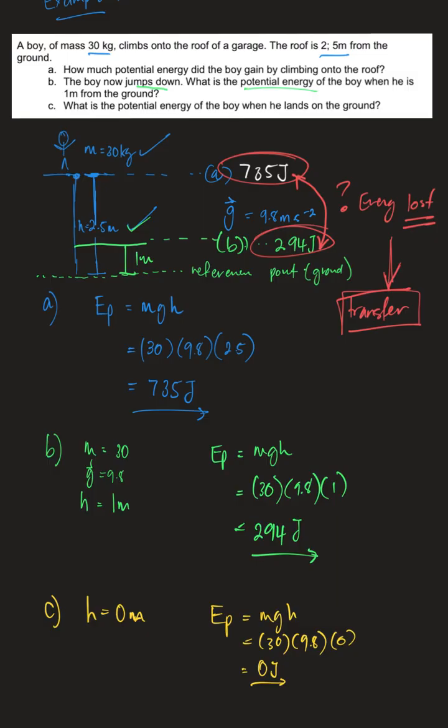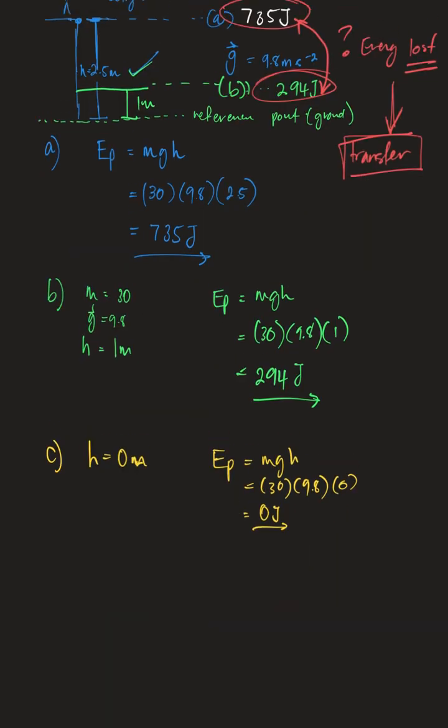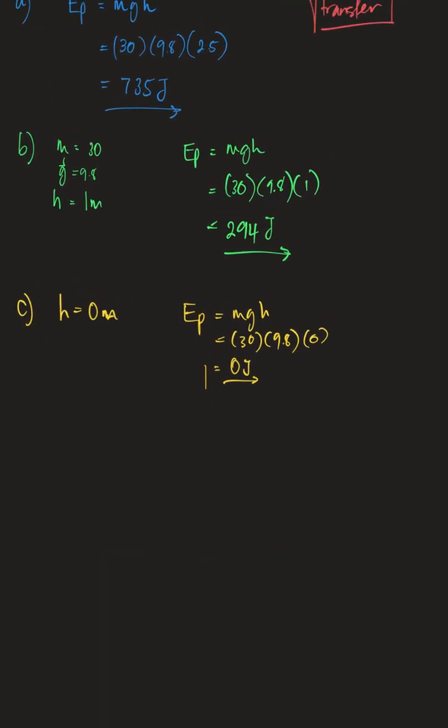Now, why is it that when he's on the ground, there is no potential energy? Because there is no distance, and what we're talking about is height.